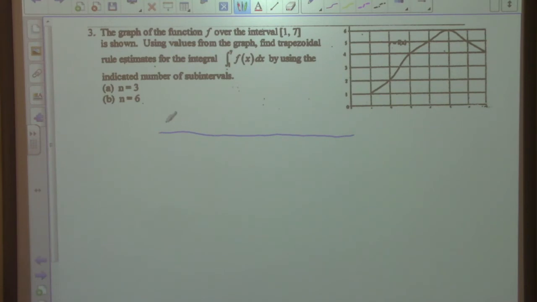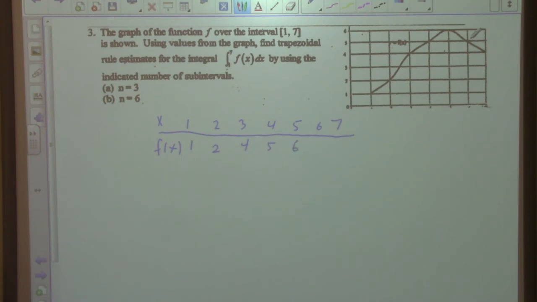Okay, so we have x, f of x, so 1 through 7. So 1, 2, 3, 4, 5, 6, 7. Then you just kind of look at the height there. That looks like it's going to be 1, 2, 4, 5, 6.